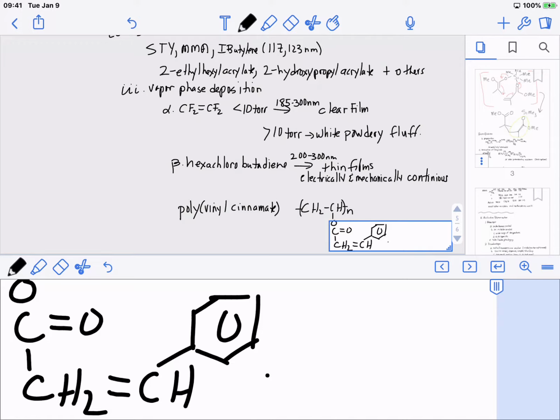So it's got a big phenyl group on there, and it's usually made with an ester interchange of PVAC.